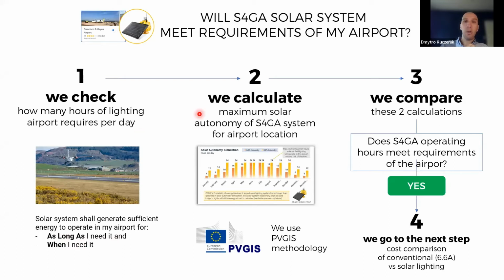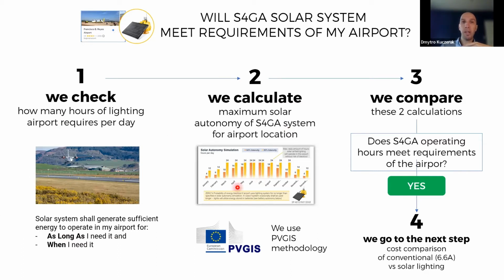When this is clear, we go to calculation of the maximum solar autonomy of the S4GA system for this particular airport location. So we perform a simulation of a solar autonomy. I will speak in detail about it on the next slide. When we have this, this is the amount of hours that solar system can perform without power blackout, and this is the amount of hours that the airport requires to operate solar system.